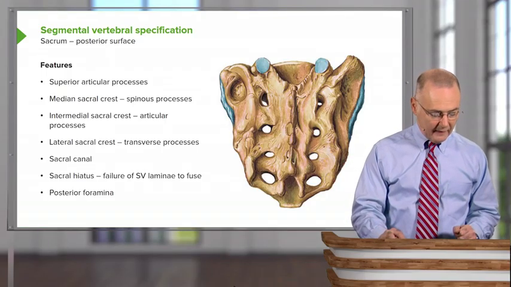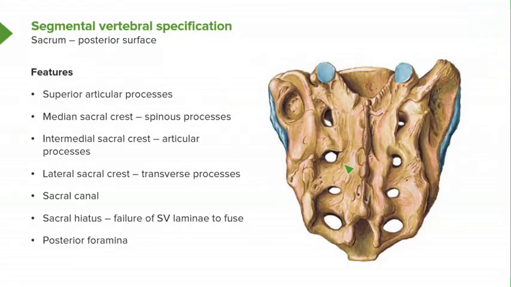We also have an intermediate sacral crest that's less noticeable, but it's going to be produced by articular processes, superior and inferior sacral articular processes that are now fused in this adult form.